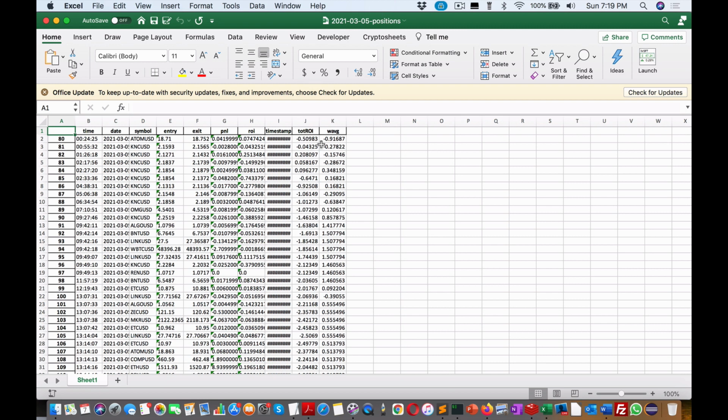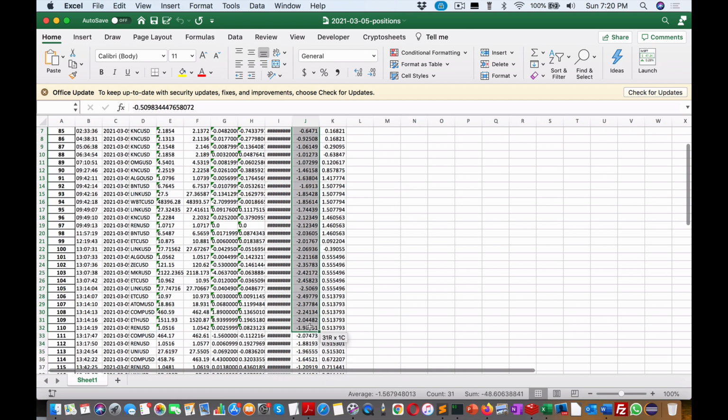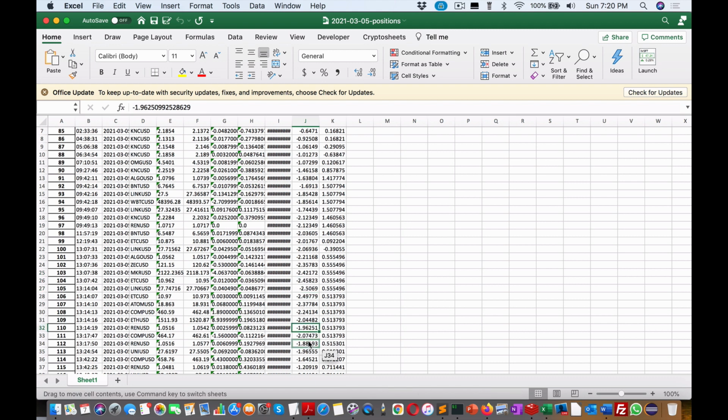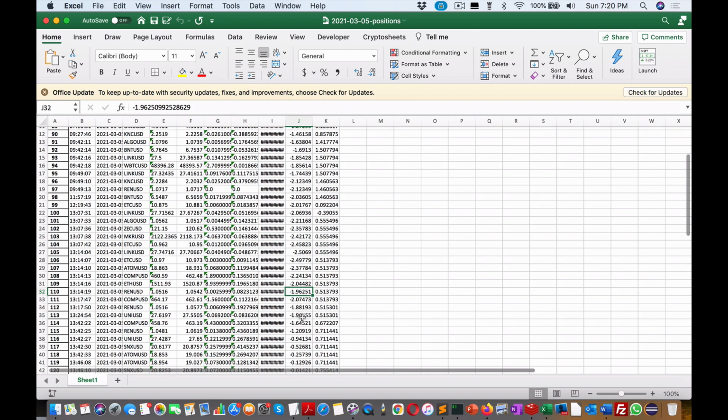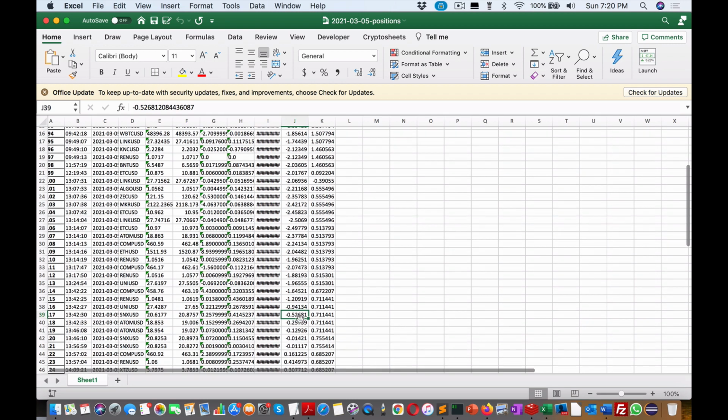So I'm just showing you the different scenarios here. We out of the gate go negative, slightly positive, and then we start to go really negative, right here at around 13:14. So the question is, we're now down, let's say down 2.5%, and then we start to come back to profit, but we're still down 1%, 1.2, 0.52, down 0.12.